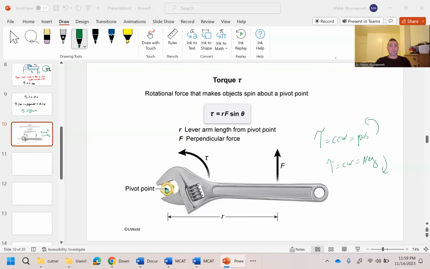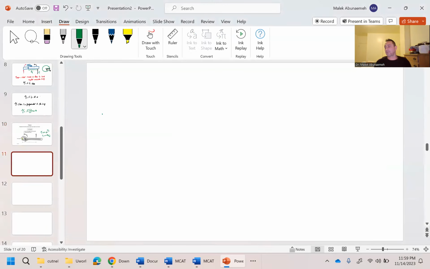And that's where we need to start talking about equilibrium. Let me just write this down. Equilibrium. Now, when you have an object and you have a force on it, we said this is going to accelerate the object to a different velocity, and it's going to have a different displacement.